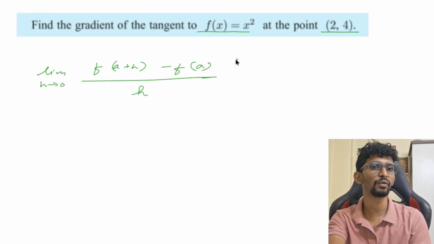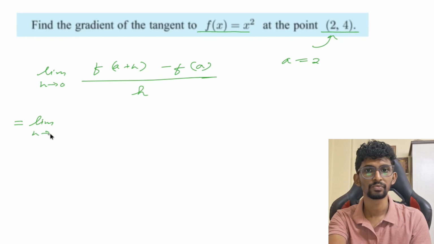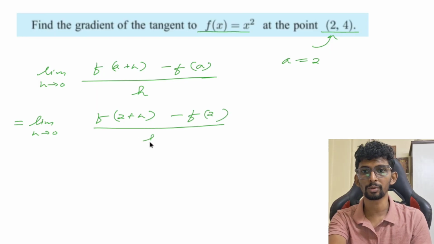Now here a will be 2 because it's the x coordinate. So this will become limit of h tends to 0 of f of 2 plus h minus f of 2 divided by h. Obviously we cannot put h as 0 because it will become undefined.